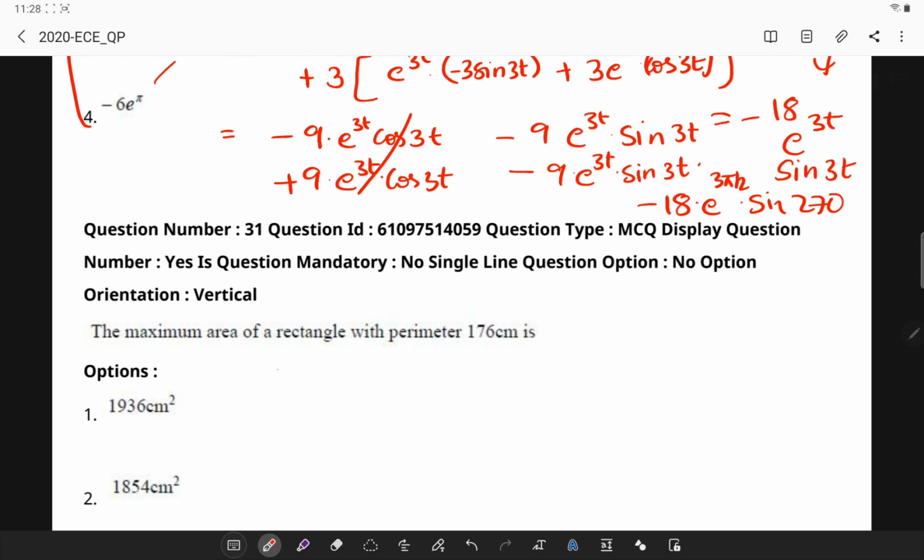So the perimeter of a rectangle is 2 times length plus breadth, which is 176 here.